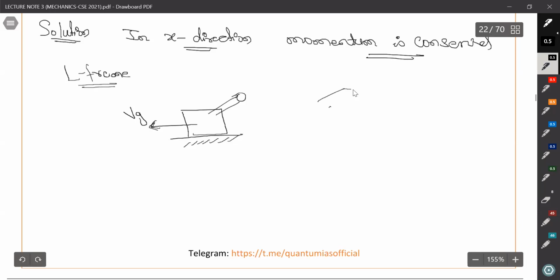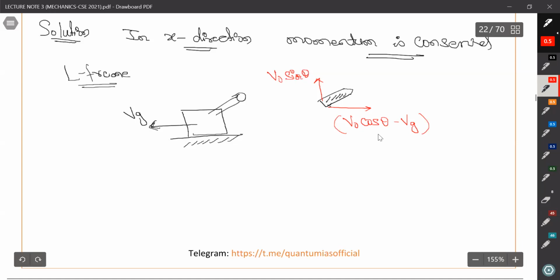Also, the bullet will have velocity equal to v naught cos theta minus vg, and here v naught sin theta. You can easily take the components.